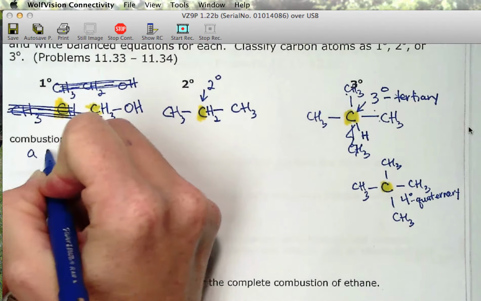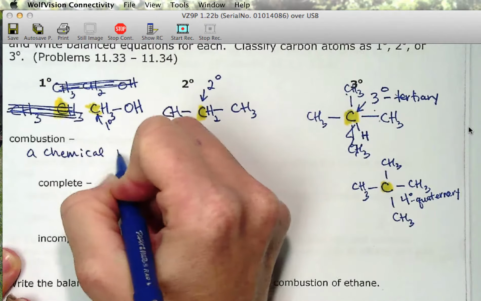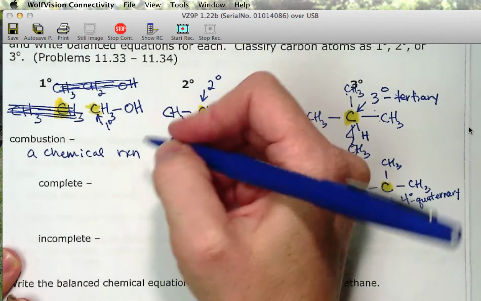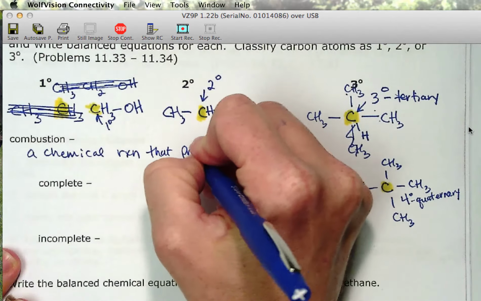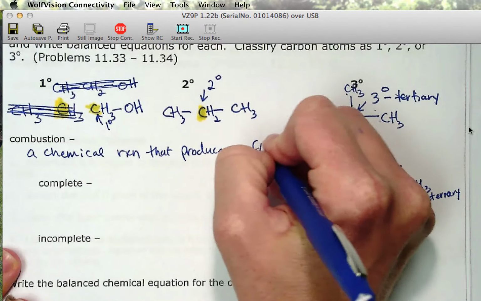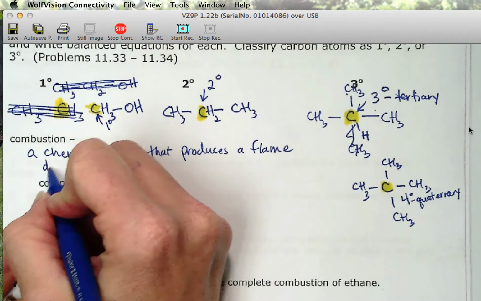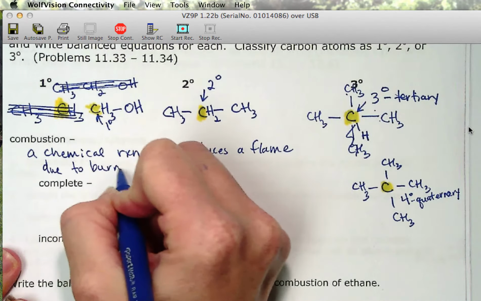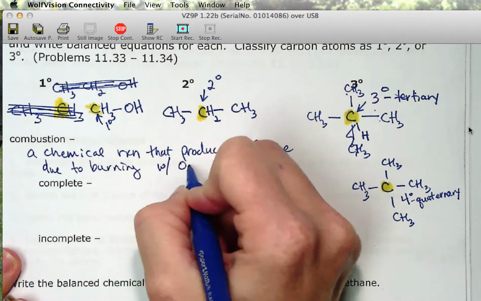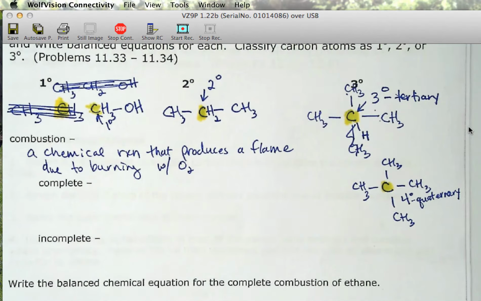So this is a chemical reaction that produces a flame due to burning with oxygen. So there are two types of combustion. There's complete and incomplete.